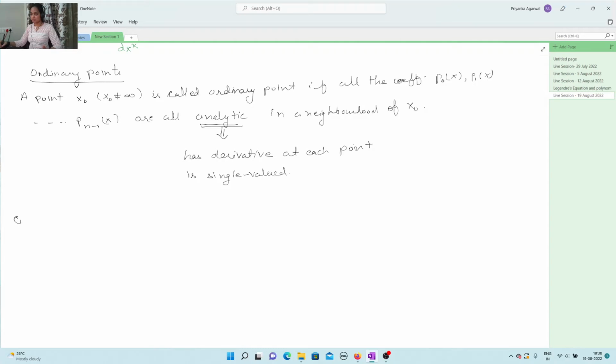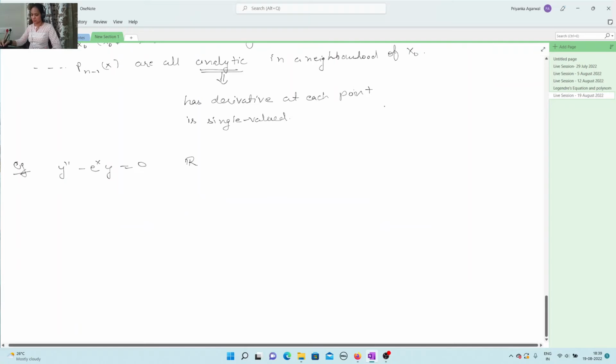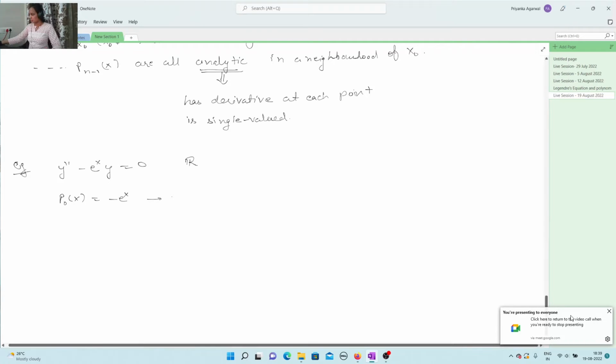Now let's see an example where y double dash minus e to the power x y equals 0. Here we have to see whether all the points in the real domain are ordinary or not. Comparing to the general equation, the coefficient of y is p0. So p0(x) in this case is minus e to the power x, and it is an analytic function, right?